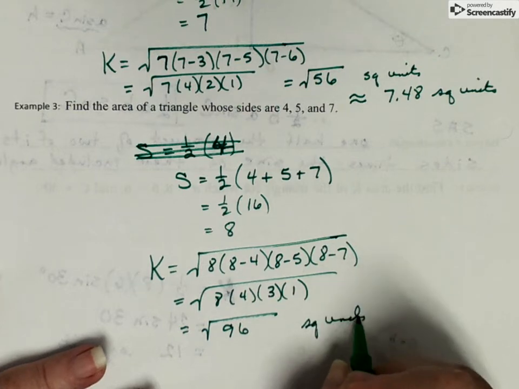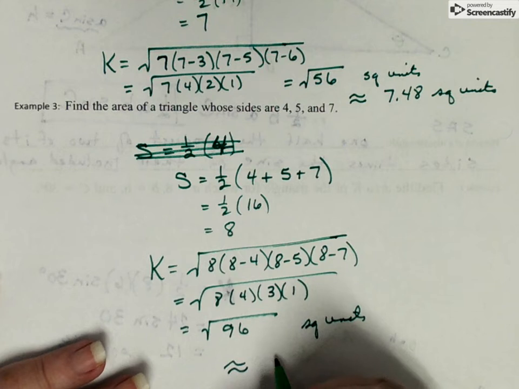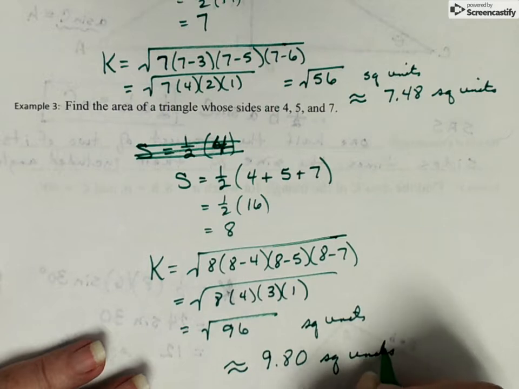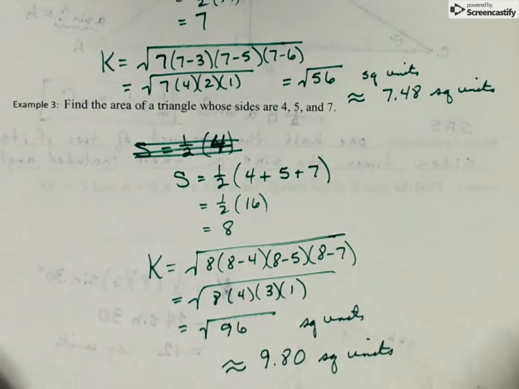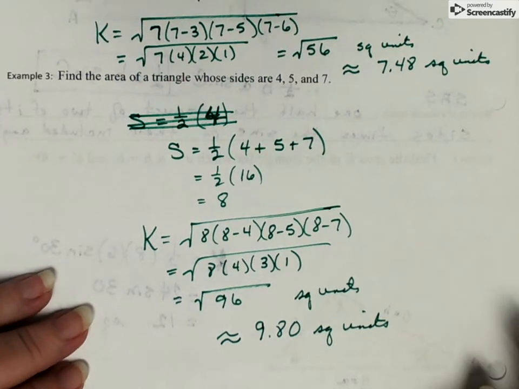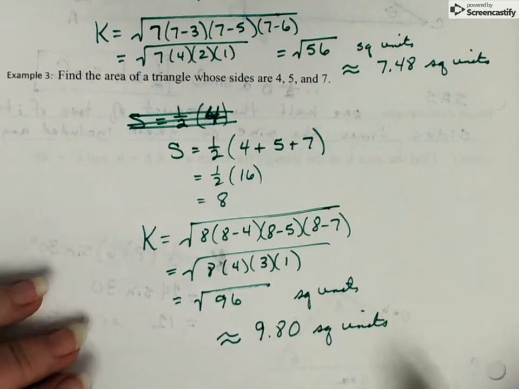And that's the exact answer. The approximate answer, put it in your calculator, the square root of 96 is 9.80 square units. Now I said that I would show you how to simplify radicals, so let's go back and do an example of that.